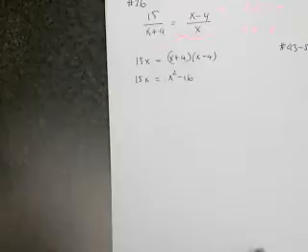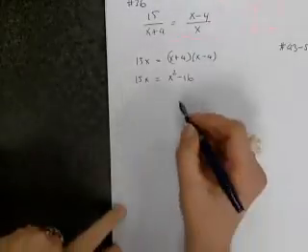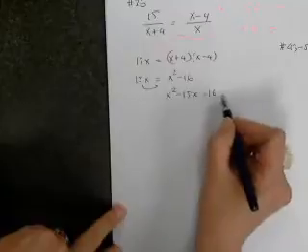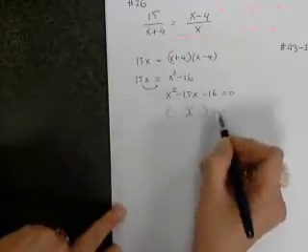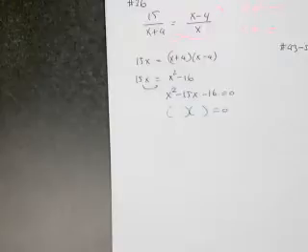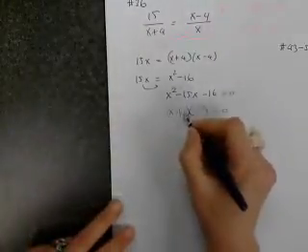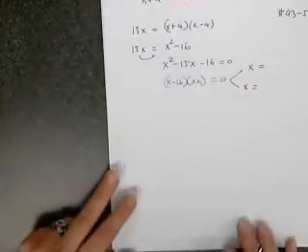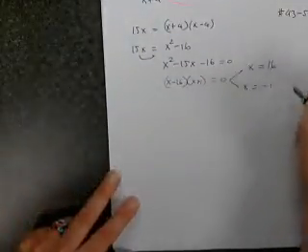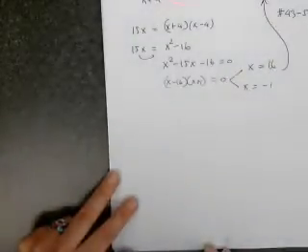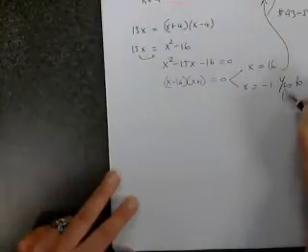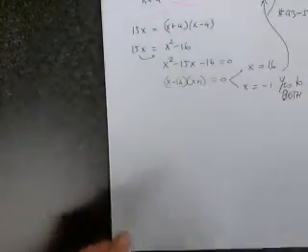Oh, this is quadratic, so I have to have 0 on one side and in descending order. So x squared. Yes to both.